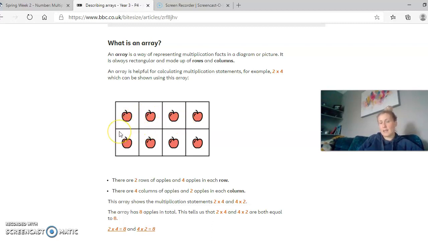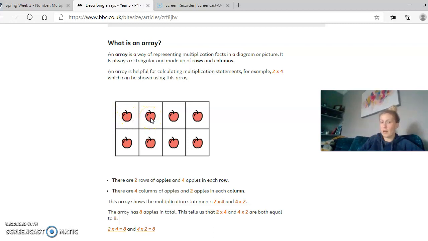But it's represented, we could have that here as 2, because we've got 2 rows, haven't we, down here? We could have it as 2 rows, and in each row there is 1, 2, 3, 4. So we could have it as 2 times 4, because we've got 2 rows, and in each row is 4.